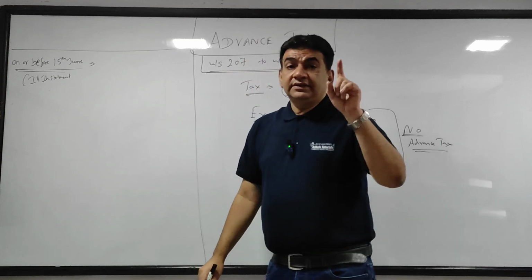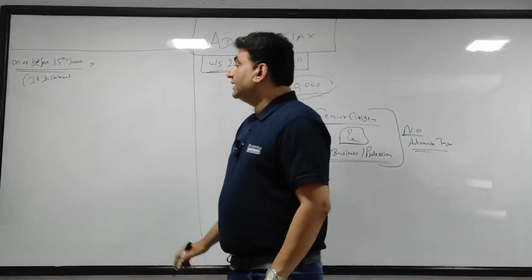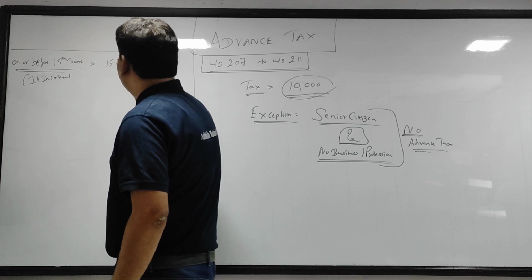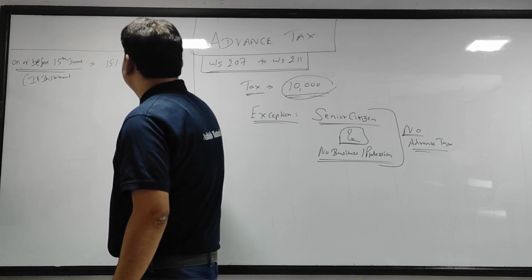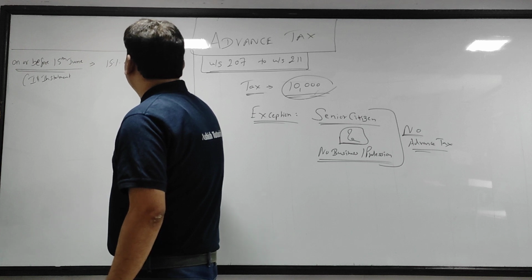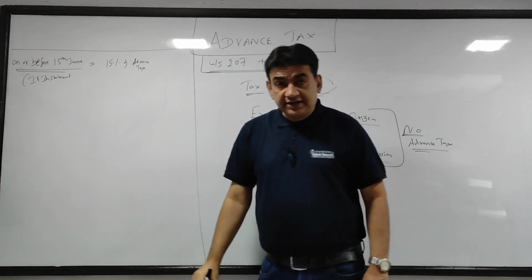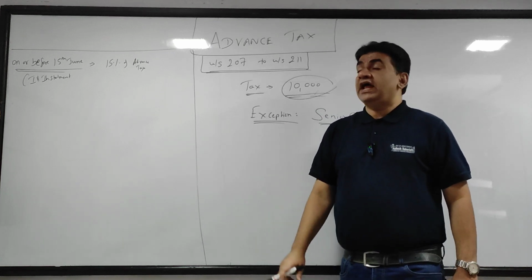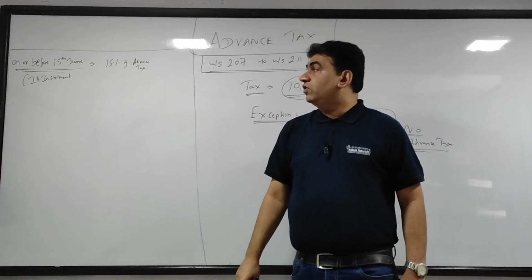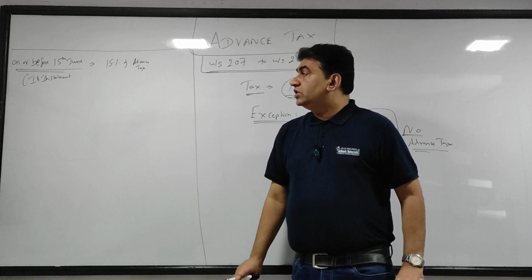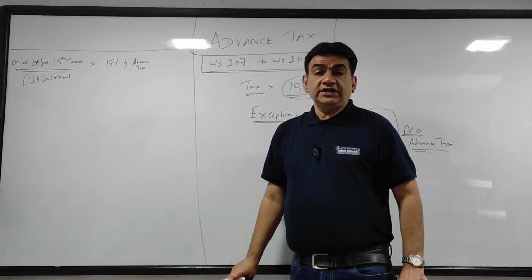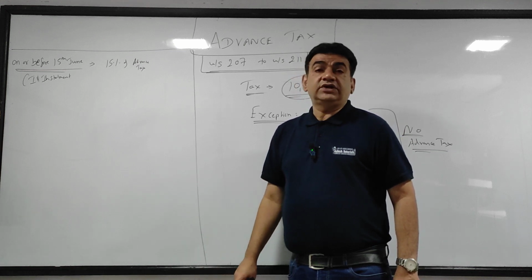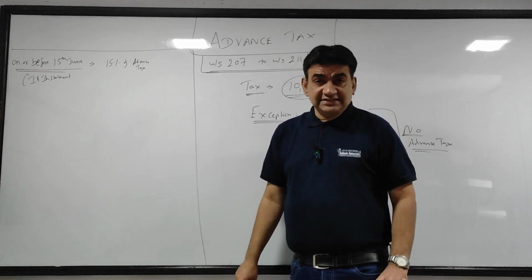And the percentage will be 15% of advance tax. जो भी तुम्हारा advance tax का amount है, उसका 15% you will have to pay on or before 15 June. So on or before 15 June, I have to pay 15% of advance tax.